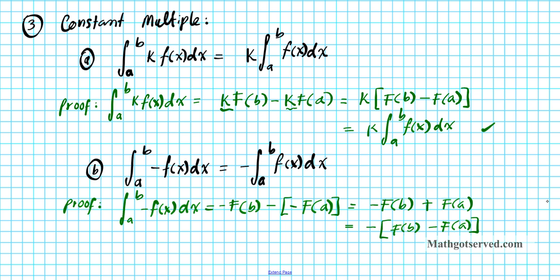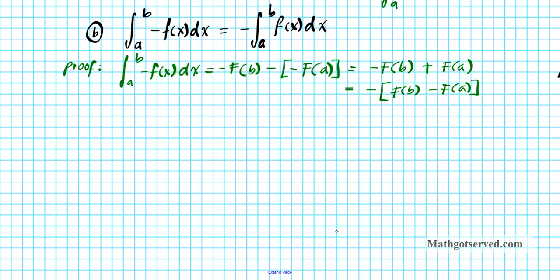Now I can use the reverse of the FTC part 1 to express this as a definite integral. So this will become negative of the definite integral from a to b of f of x dx. So we can see that this rule is in fact correct.